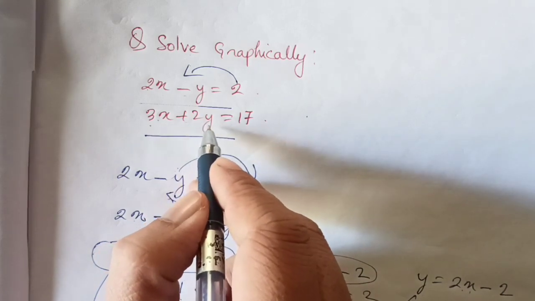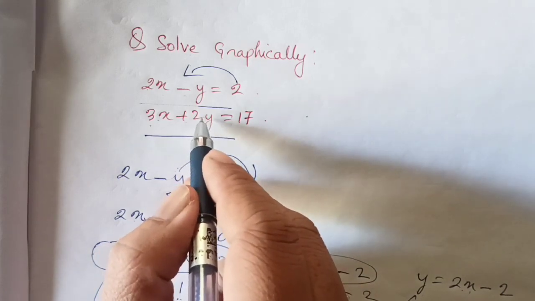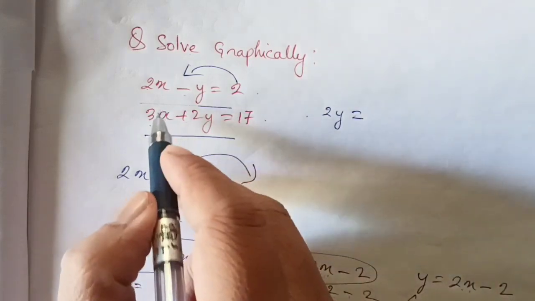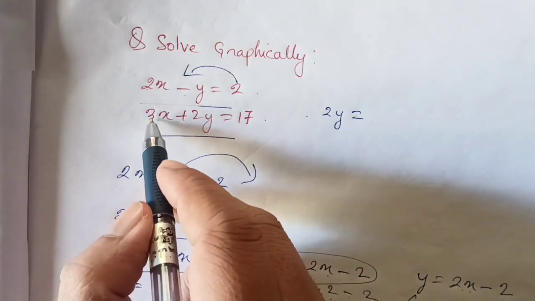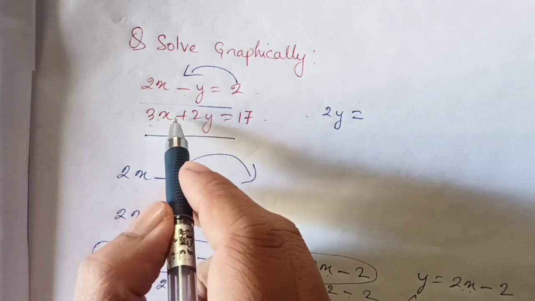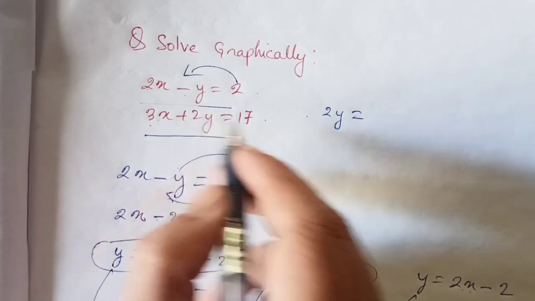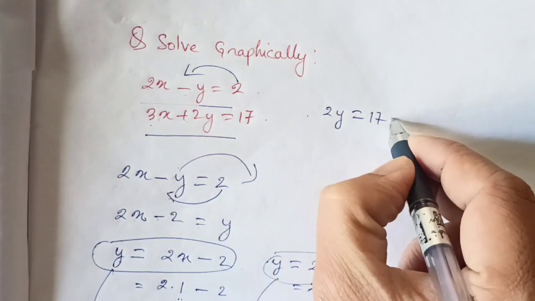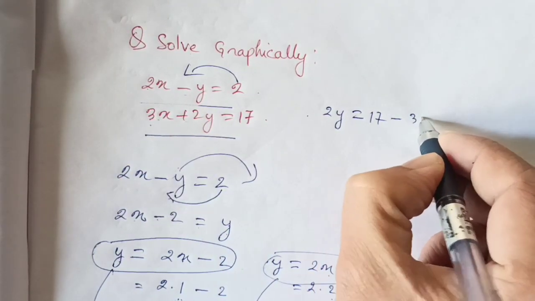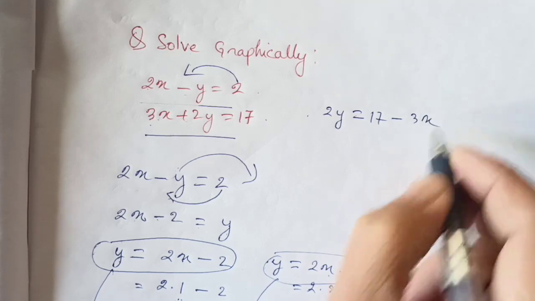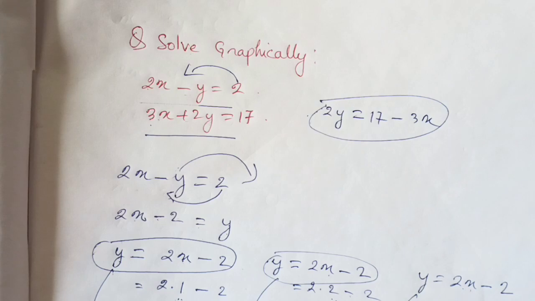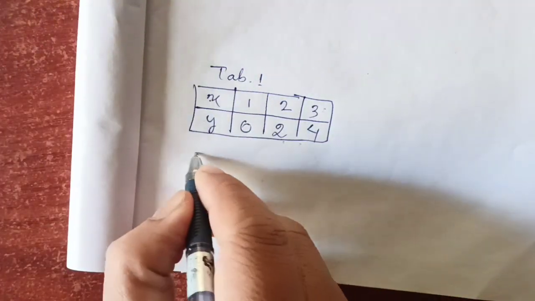Since y is together with 2, which is an even number, we should keep 2y alone and transfer the remaining. You know that plus 3x, if we transfer, will turn into minus 3x. So 2y equal to 17 minus 3x. We are going to use this equation to find the table.